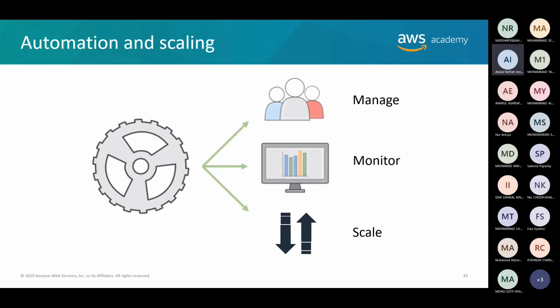It is straightforward to automate most of the common administrative tasks to manage, monitor, and scale your Amazon Redshift cluster, which enables you to focus on your data and your business. And scalability is intrinsic in Amazon Redshift.